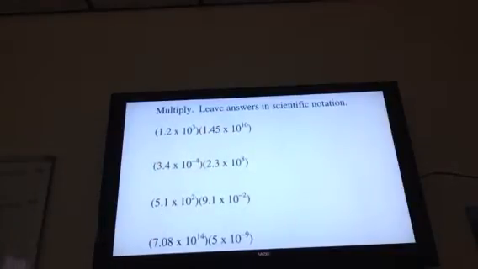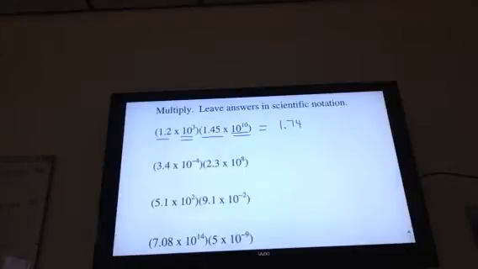So to multiply this, the easiest way is to multiply your non-power of 10 parts. So 1.2 times 1.45. So I get 1.74. And then multiply my power of 10 parts. And this is where this fits into what we're doing.